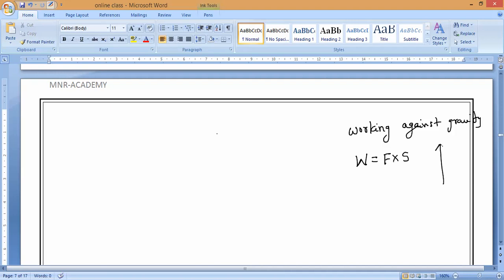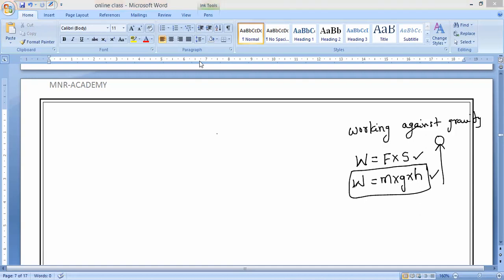When we are working against gravity, what is the work done formula? Force is equal to mass into acceleration, and h. So this is the formula for working against gravity, and this is the formula for work done by a body. That is what you need to remember.